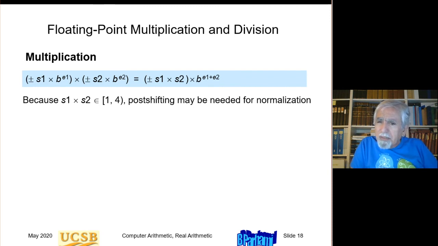When you do this, because each of the significands S1 and S2 is in the range 1 to 2, the product will be in the range 1 to 4. Therefore, you may need a post-shifting to get rid of that value that is too large.